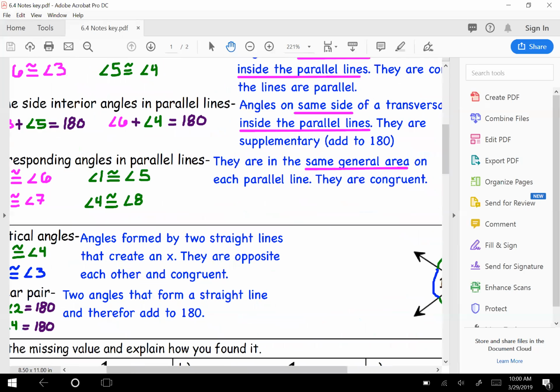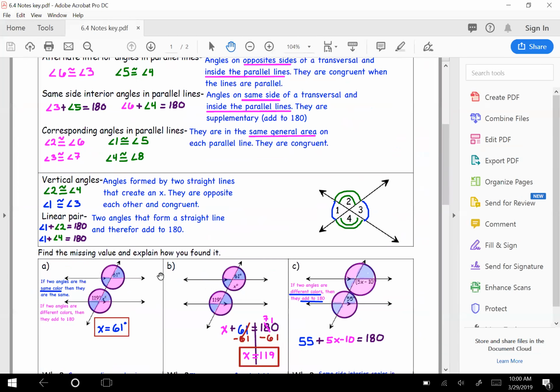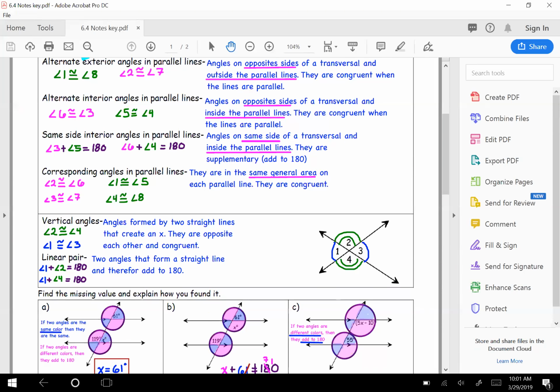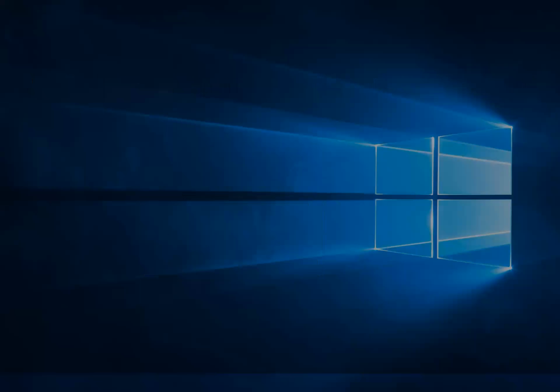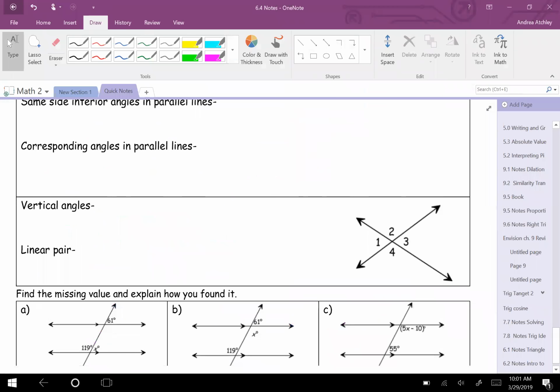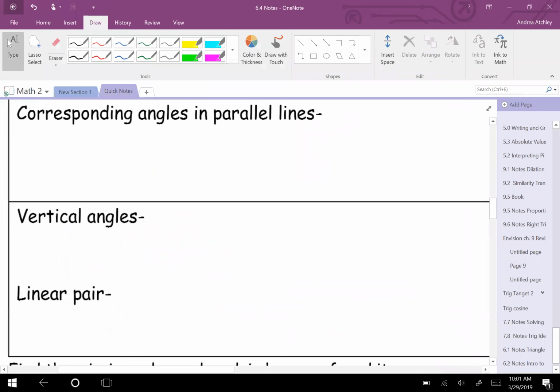Okay, now we're going to go down to vertical angles. Vertical angles are formed by 2 lines that intersect.